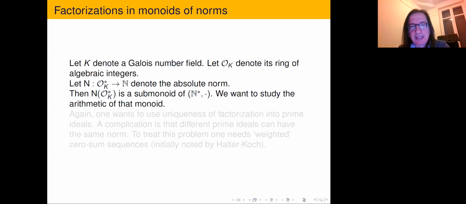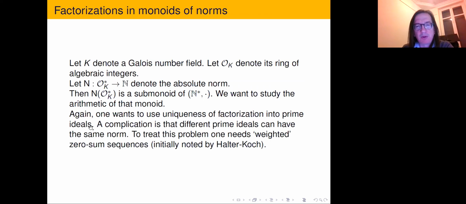How could one understand it? Maybe it's the same, or different; in any case, it seems like a natural question. And one might want to exploit, in this case again, the uniqueness of factorization into prime numbers and also prime ideals for the various structures. But there's a certain complication in this process, in that different prime ideals of O_K can have the same norm. And then things start to become a bit more complicated.